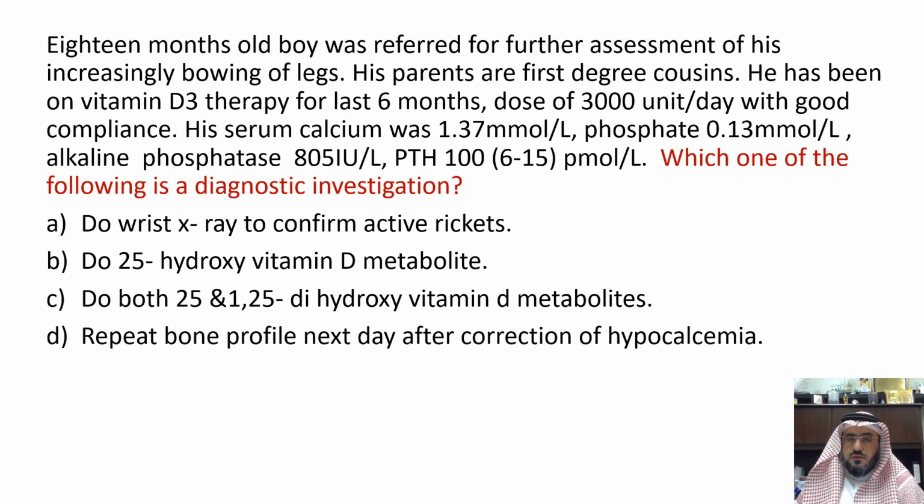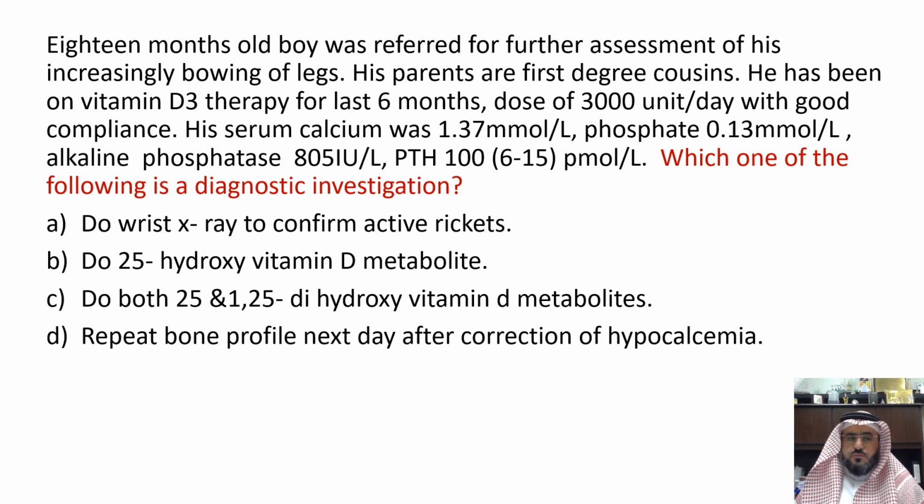This boy's father and mother are first degree cousins, and whenever they mention in the question, any question you face in the exam, parents are first degree cousins, think about inherited condition. So here, because the father and mother are first degree cousins, we have to think of inherited rickets.